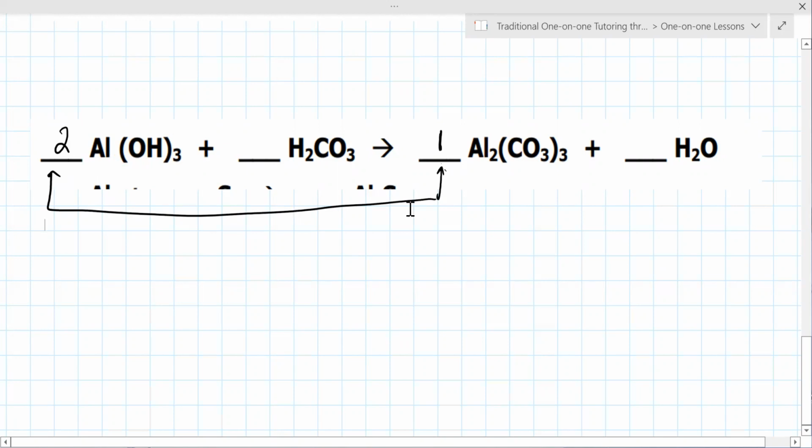So you're trying to figure out how many are on the left. Let's look at the O's. There's 6 O's plus 3 O's on the left. And then there's 9 O's and then 1 O on the right. What you have to look at is how you can increase them.